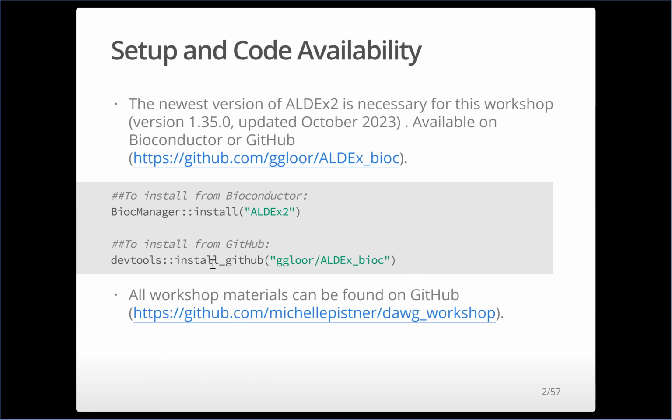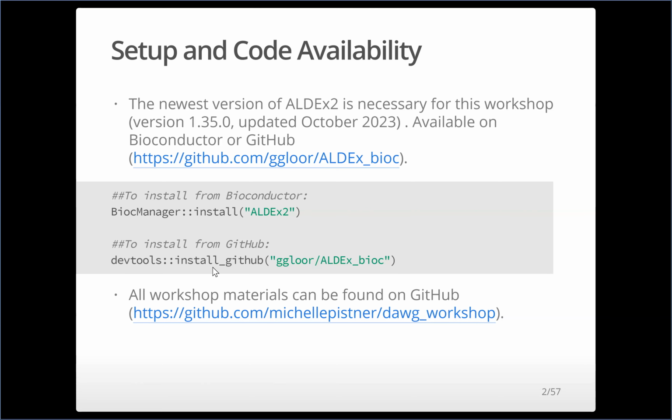So now before we get started, you're going to need the newest version of ALDEx2. And this is brand spanking new. Greg just posted it to Bioconductor 2 days ago, which means if you install it on Bioconductor right now, there's a chance you won't get the most recent updates. I'm not sure if you guys are familiar with publishing R packages, but when you push it, it takes some time to build the binaries and all that stuff.